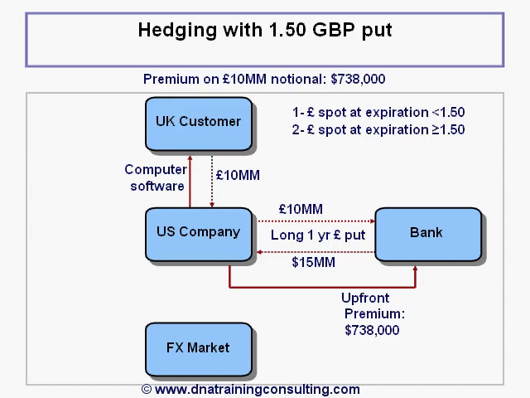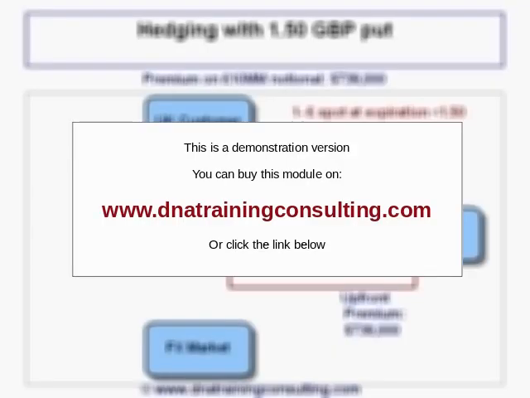Case 1: if sterling spot is below the strike of 1.5 on the settlement date of the receivable, which is of course the expiration date of the option, the company would exercise the put, deliver to the bank the 10 million sterling it has received from its UK customer, and collect $15 million from the bank under the put.